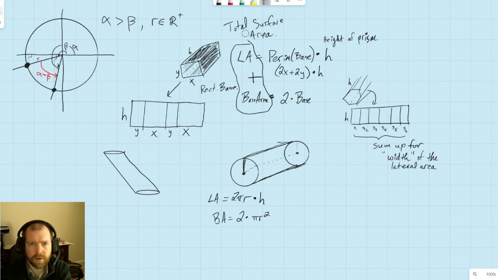Nope, that's not what I want either. There we go. So if you make one like this, and you say that this is going to be your cylinder, but now it's tilted to the side. Yep, just like the prism that we talked about.